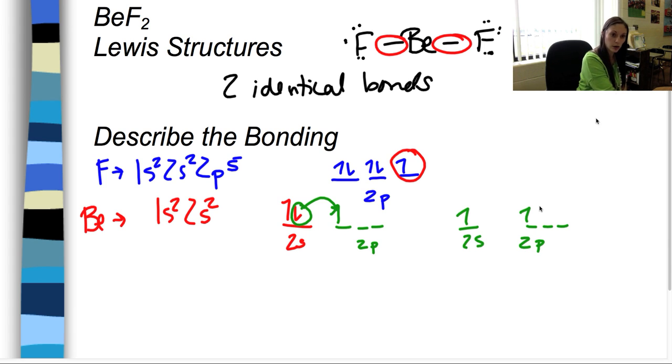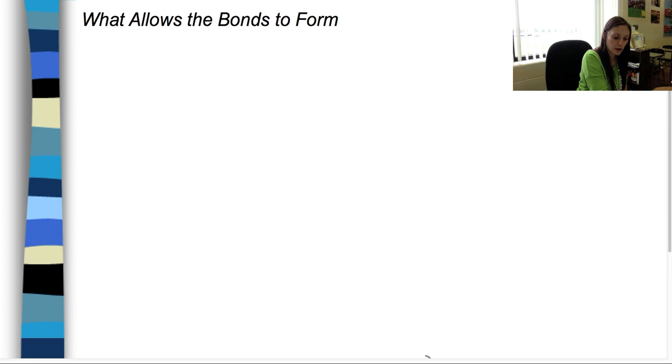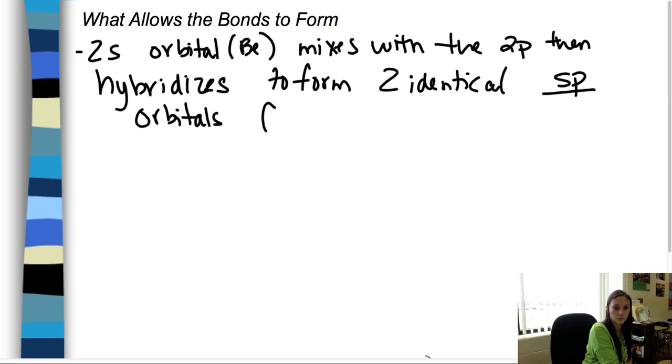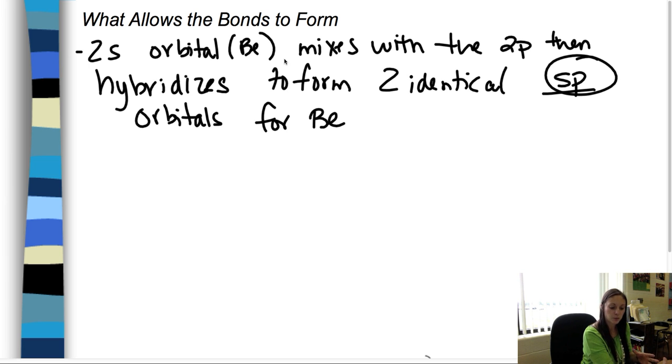So we're going to look at what allows these bonds to form. Your 2s orbital mixes with the 2p orbital to form 2 identical hybridized orbitals. So it forms 2 identical sp orbitals for beryllium. An s and a p mix, and we get what's called an sp. Now beryllium is ready to bond.